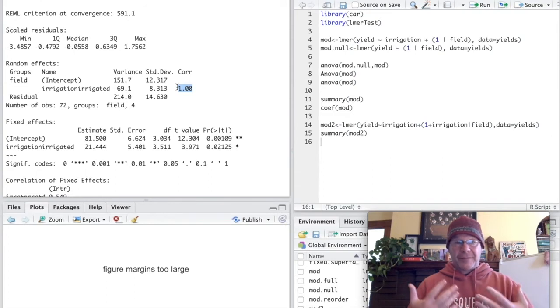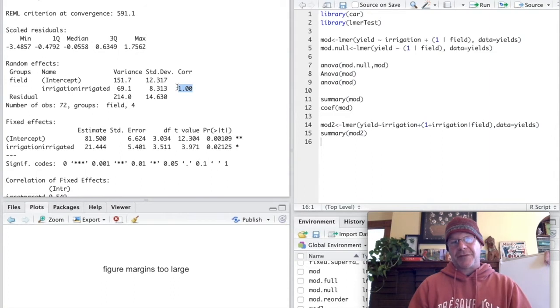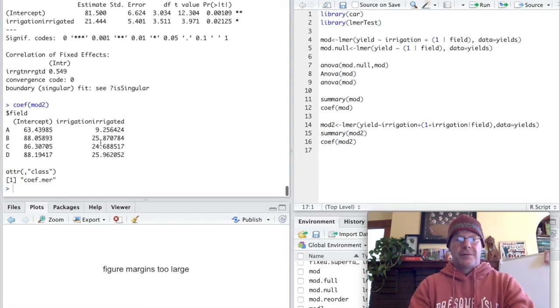Again, that singularity warning is telling us that we've pretty much over-parameterized the error structure. There's no reason to have a separate parameter for the error slope for the effect of irrigation, as well as a different intercept, if the solution for them is perfectly correlated with one another. If we look at the coefficients for that model, coef mod 2, notice that each field does indeed have its own slope.